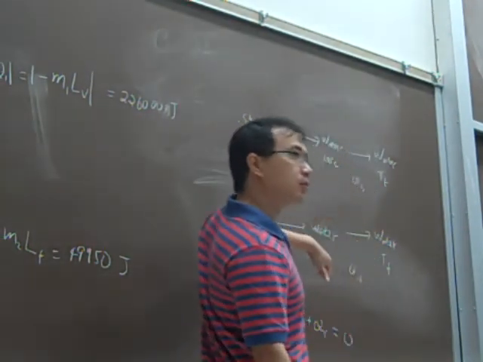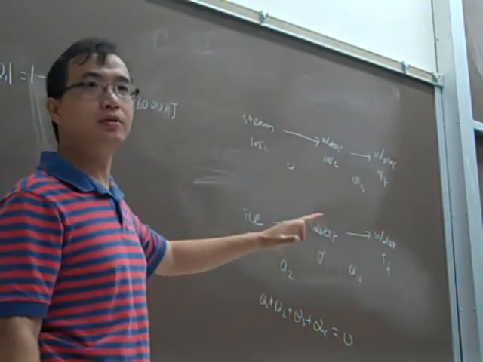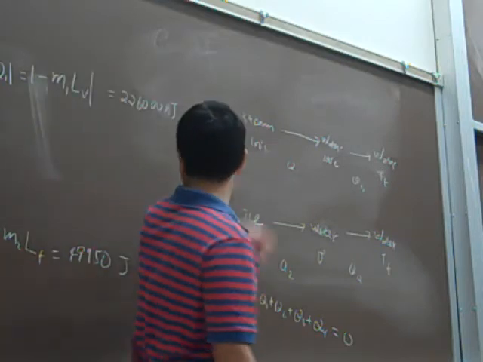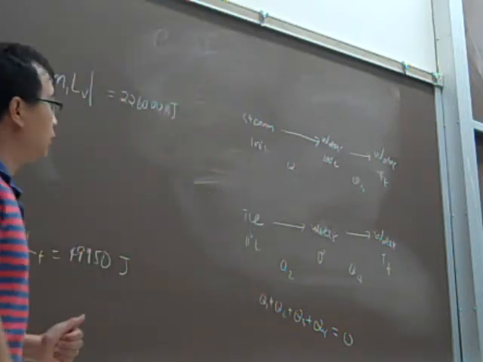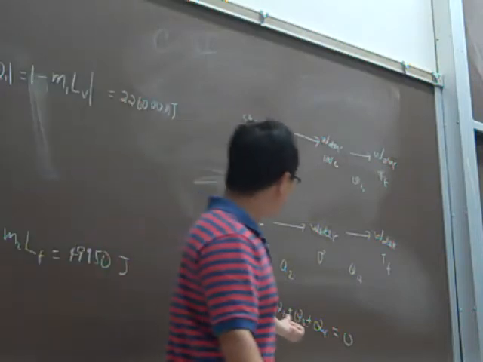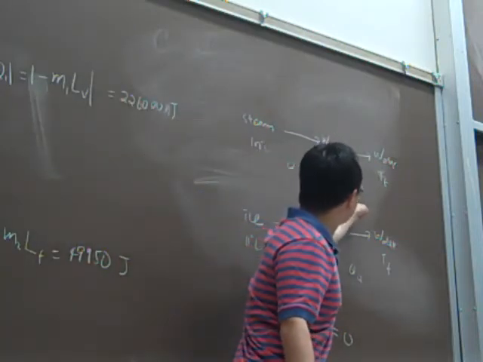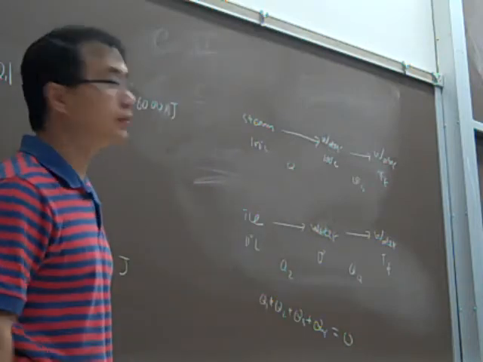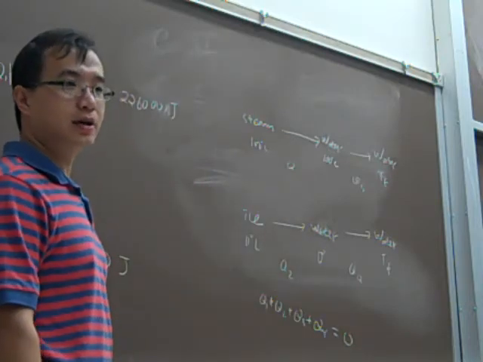Here, the unknown number is the final temperature. Okay. Any question here? So, some of the numbers you already calculated here, but you still need to figure out what Q3 and Q4 are. They are related to the unknown final temperature. So you can find that out.